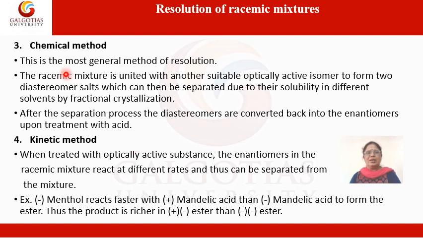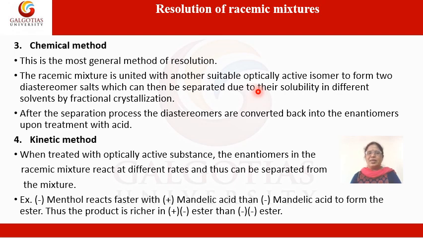Then comes the third method, the chemical method. This is the method generally used for the resolution of optical isomers. In this case, the racemic mixture is mixed with another suitable optically active isomer, and once the reaction is over, it forms two diastereomer salts. They can be separated because of the difference in their properties like solubility, and then recrystallized by fractional crystallization.